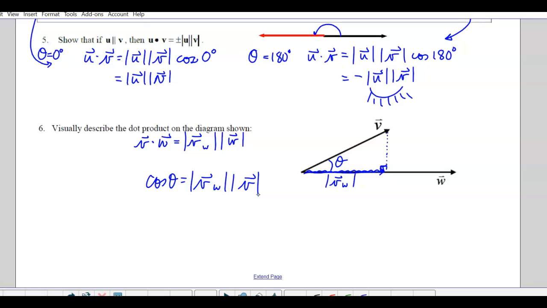So now let's solve for this and substitute it in. So the magnitude of the projection is equal to cos of theta times the magnitude of v. Is the projection divided by v? The definition of the dot product is the multiplication of it. We're trying to get that, right?